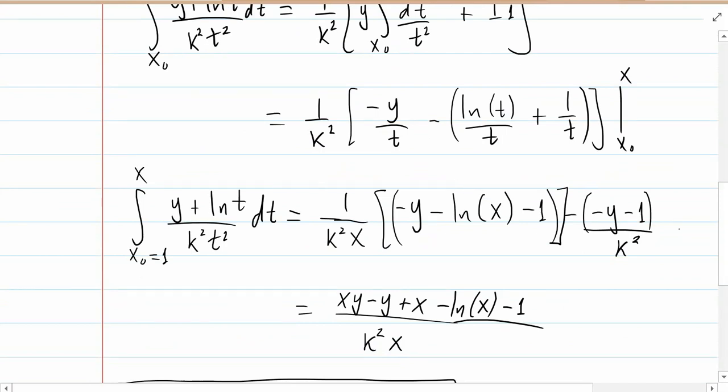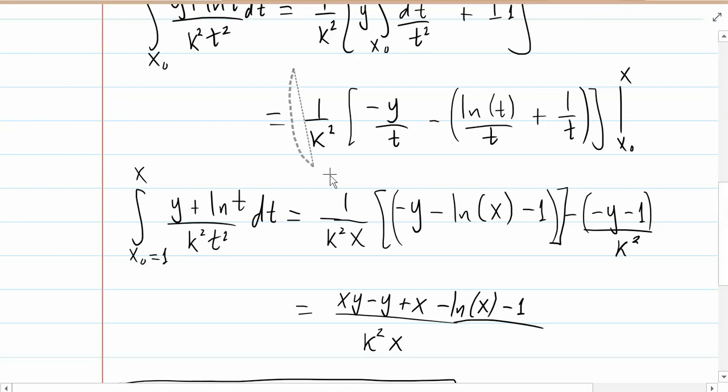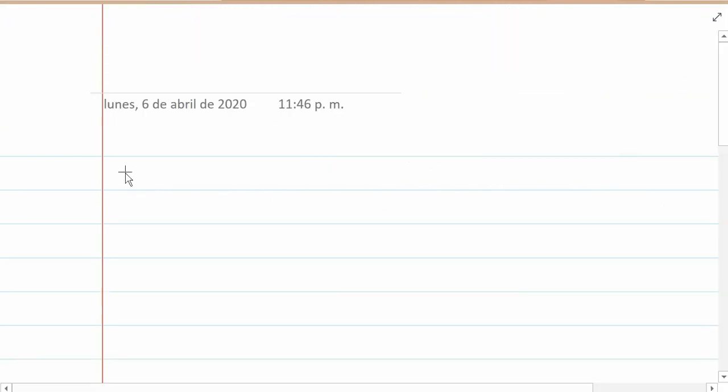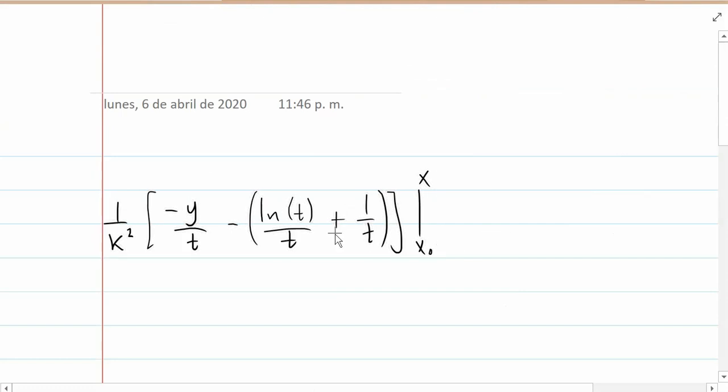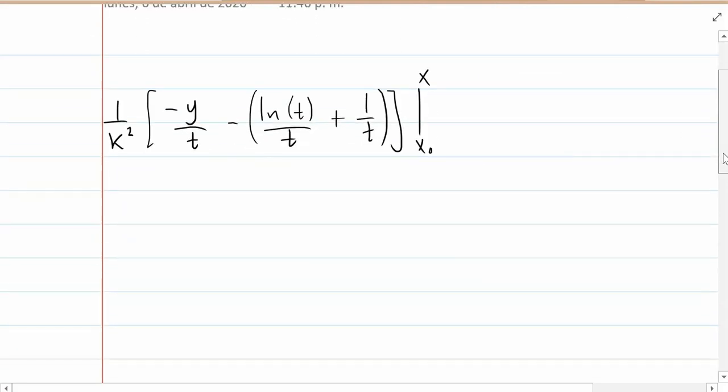So what do we need? Well, what we really need is to choose x naught in a way that will make this term 0 or a constant.